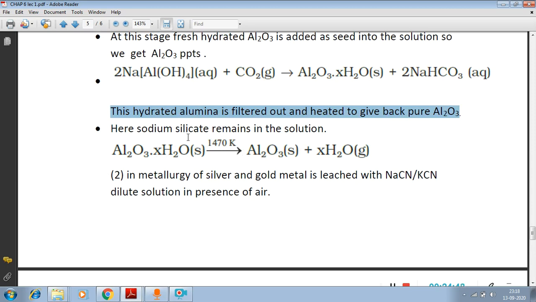So water will evaporate from the hydrated form, so it will give pure alumina, and water will be evaporated here. Now sodium silicate was there as an impurity, and that remains in the solution. The solid hydrated alumina is filtered out, but sodium silicate remains in the solution, so that impurity was also taken out.